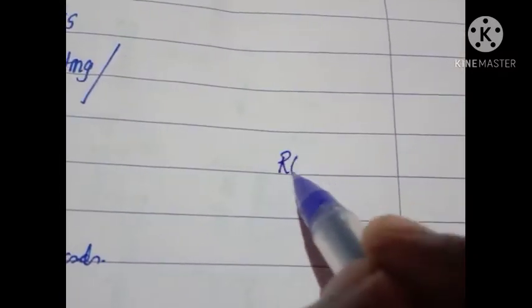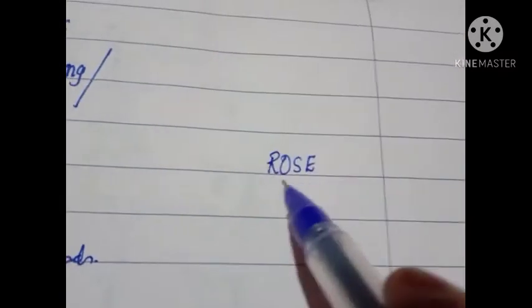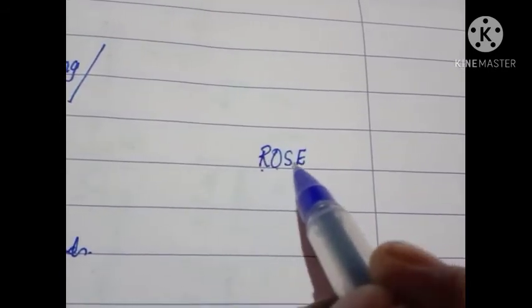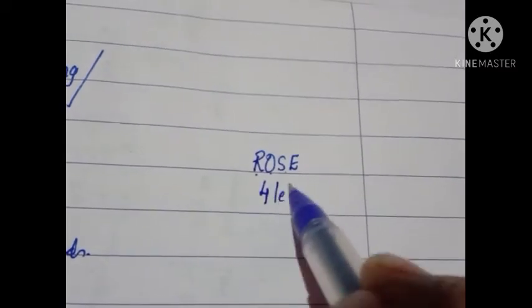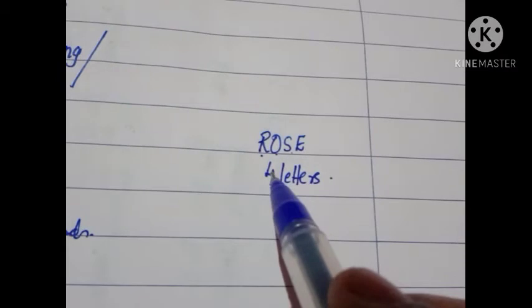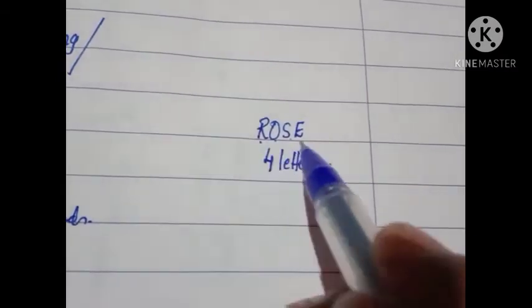Okay, let's see another word, ROSE. Listen, these four letters are different letters. No letter is repeating here, and we need to arrange four different letter arrangements.